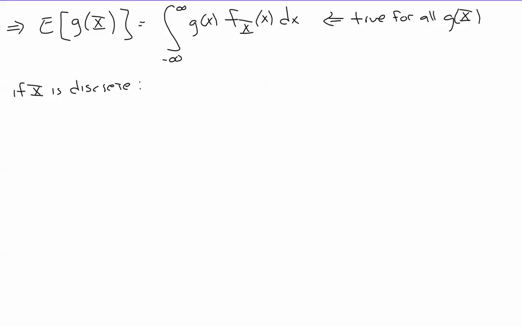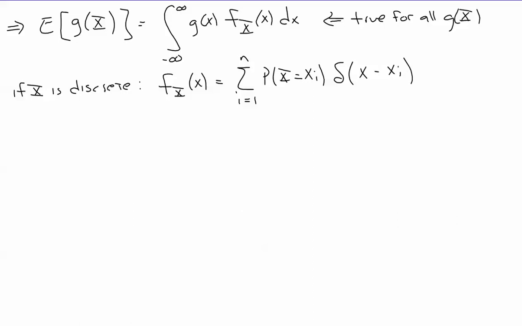If x is discrete, then my probability density function is a delta distributed function. It's going to be the summation from i equals 1 to n of the probability that x equals x sub i times a delta function, x minus x sub i.